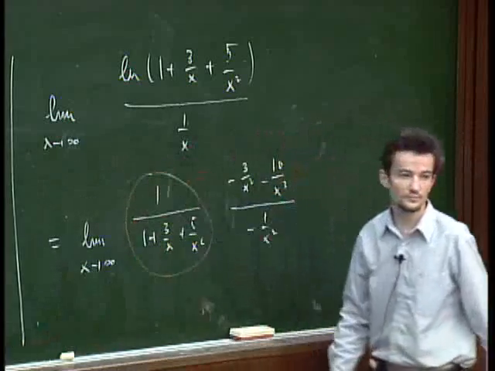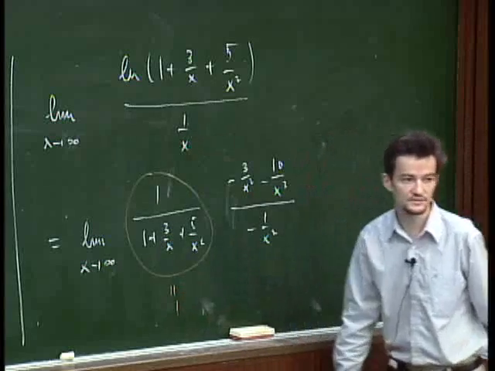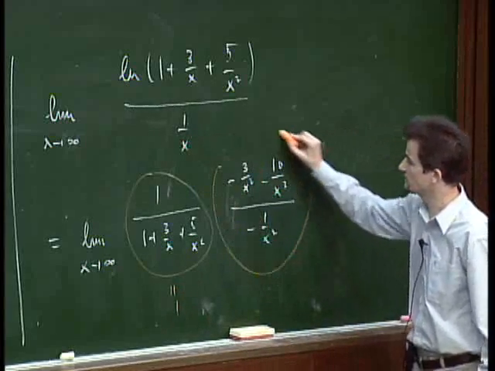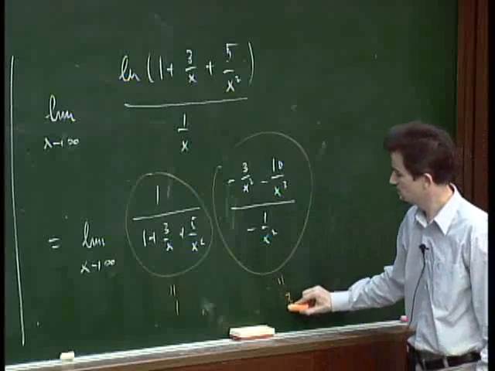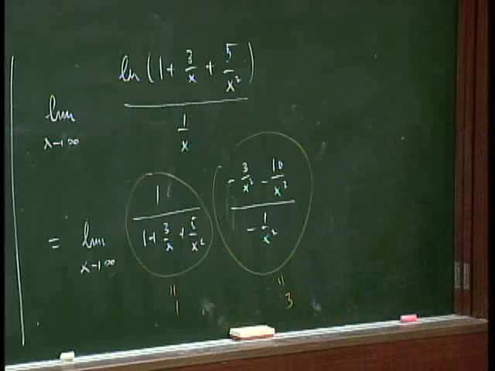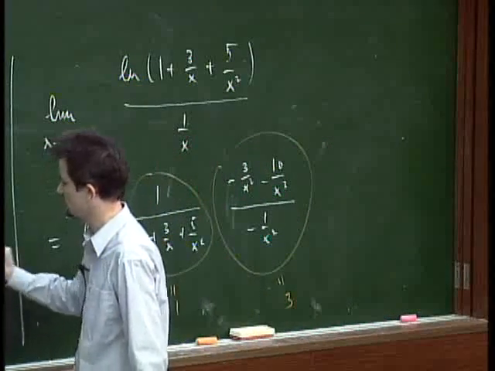Now you can use limit laws, because this tends to 1 in the limit, and as x tends to infinity, this tends to 3. So overall what you get is that this is equal to e to the 3.